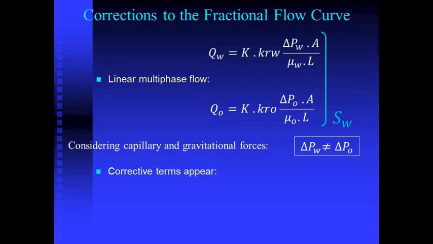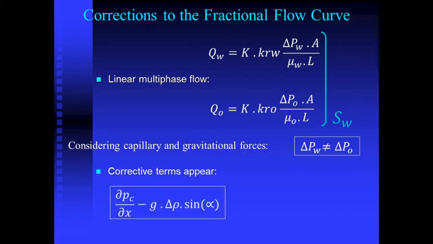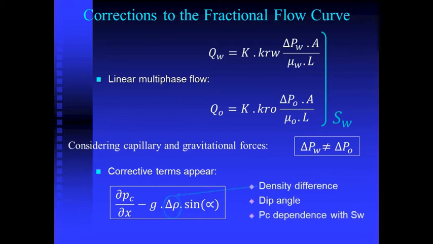When doing the math, the corrective terms adopt this form, where the difference in fluid density and the dip angle of the structure are taken into account to calculate the impact of gravitational forces. The capillary pressure change, as a function of water saturation, is also taken into account. In linear systems, this is equivalent to linking the change in capillary pressure to distance.